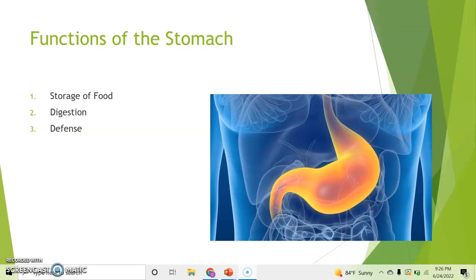And this is also where most of digestion and absorption takes place. I'm going to be mainly talking about digestion in this presentation, and I'll get into further detail of the different cells that allow us to digest our food. But also defense.